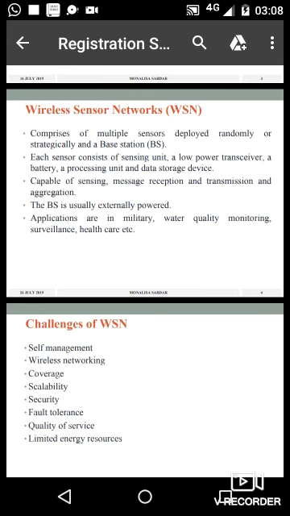And also wireless networking, because they are communicating not on a wired channel but on a wireless channel, so sometimes glitches can take place. Also coverage, most of the time these sensor nodes are just thrown or deployed randomly in an area, so they might not be able to cover the entire area, or maybe there are some patches in the sensor field where there are no sensors, so it becomes very important to ensure coverage.